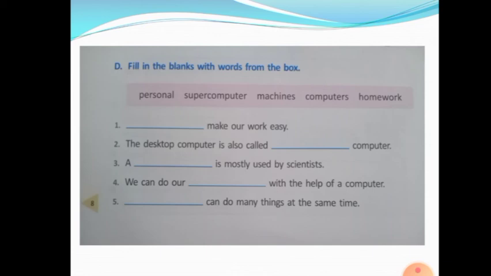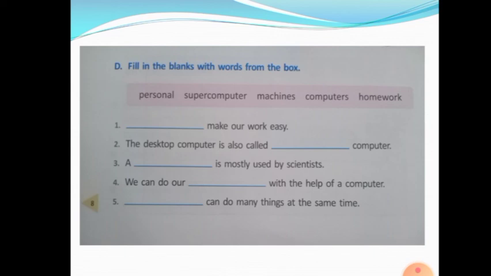First one, personal. Second one, supercomputer. Third one, machines. Fourth one, computers. Fifth one, homework. So these are the options. We have to choose the correct option and write it on the dash.